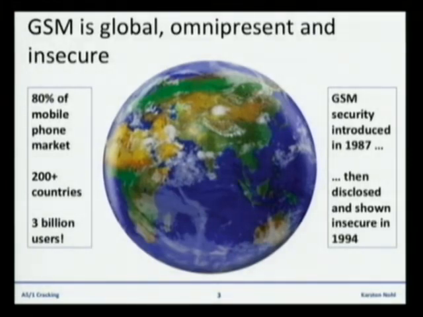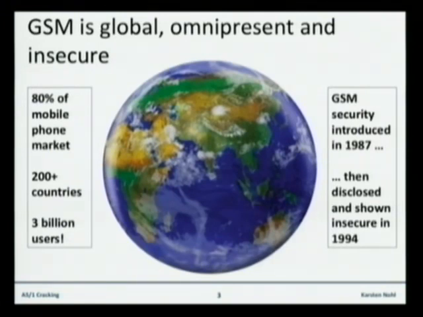What we do know is that when we go around the world with our GSM phones, they work pretty much in every country other than in Eastern Asia. So we're looking at a technology that a lot of people rely on mostly for privacy, but also for data security in the form of authentication codes sent through text message.